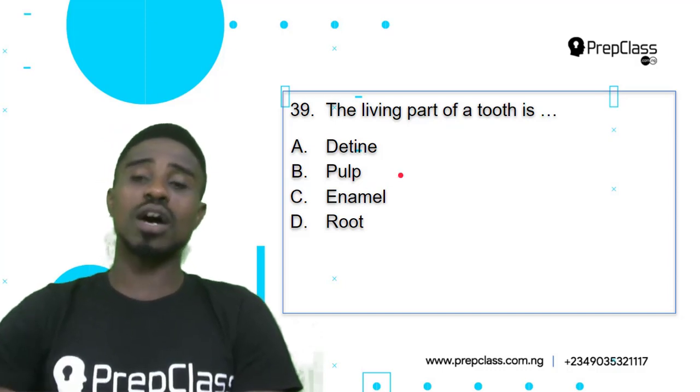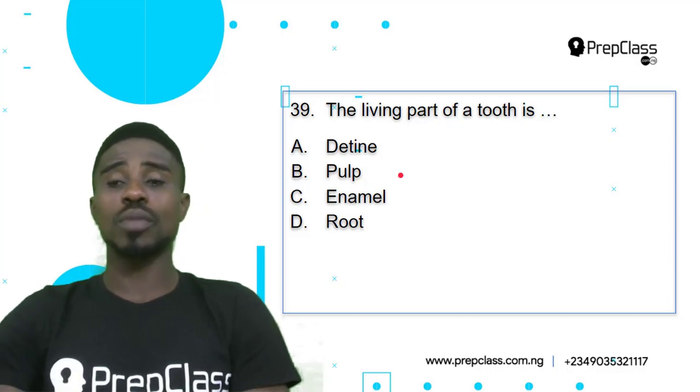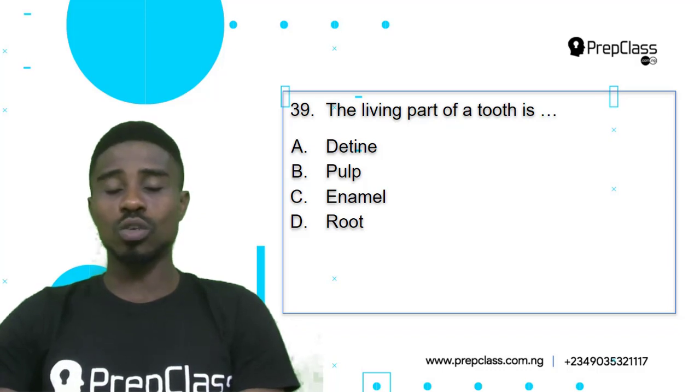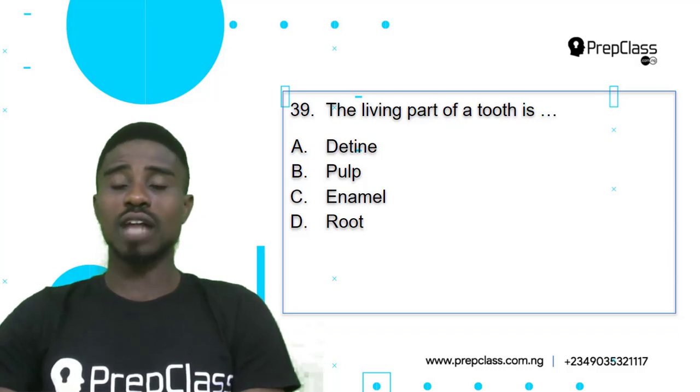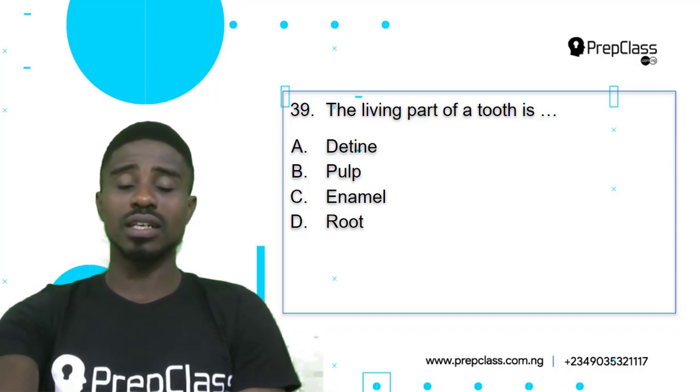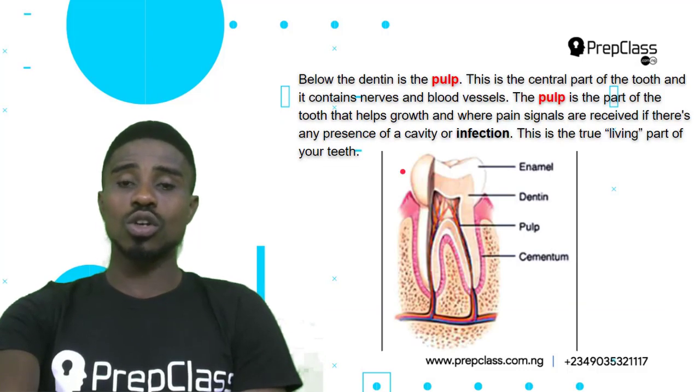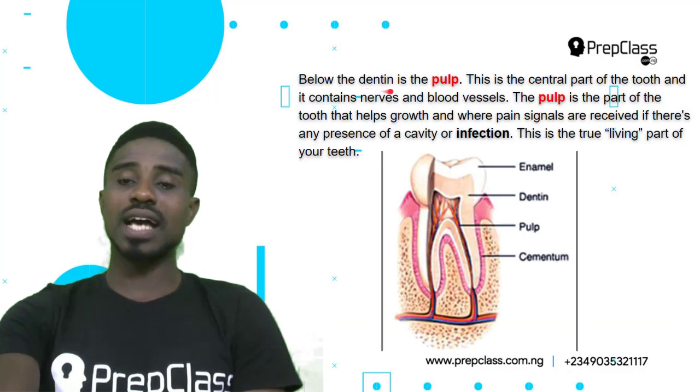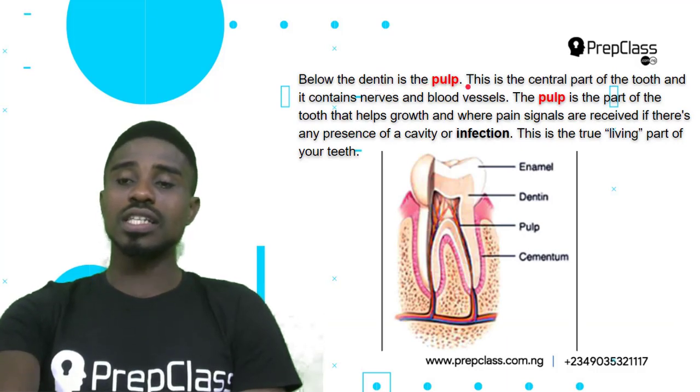I'll be showing us a picture to explain better which is the living part of the tooth, and for us to have a better understanding and a good conviction. Let's check it out. So below the dentin is the pulp. This is the central part of the tooth and it contains nerves and blood vessels.